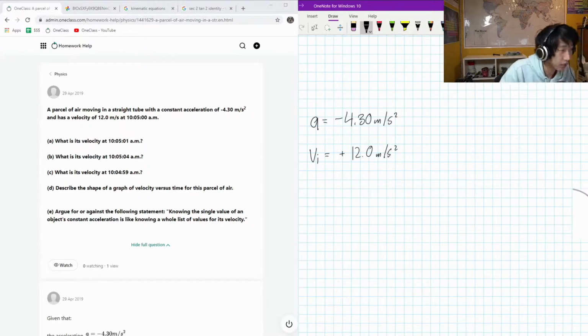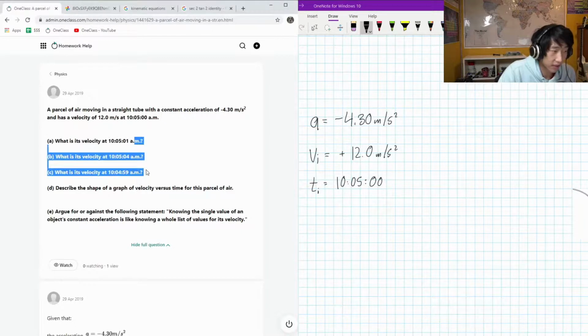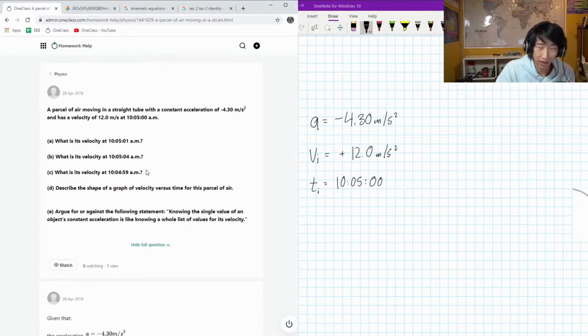And our initial time, so TI, is going to be 10:05 a.m., 0 seconds in. And I guess I don't really need to write AM because all of the other things are in AM, so it doesn't really matter.